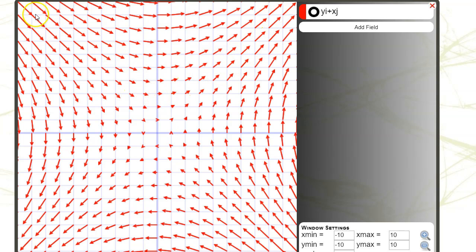The y equals x and y equals negative x lines are like asymptotes, where the behavior of the field is either moving away from or moving towards, or both, depending on where we start. And then the same thing down here. If I'm down here and I pick a point, it's saying move towards that y equals x line. If I'm down here near that y equals x line, I'm going to start up, and then I'm going to move to the right and then come back down.